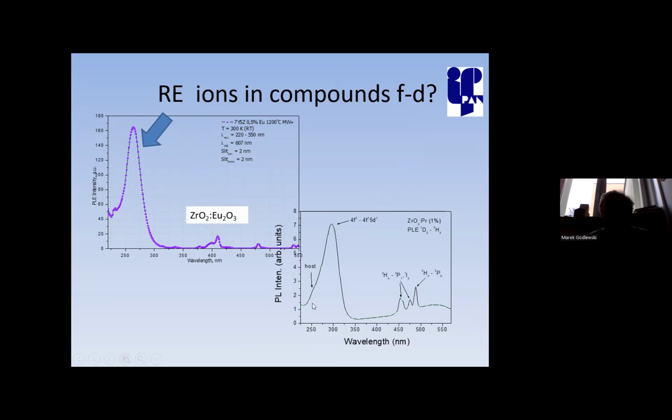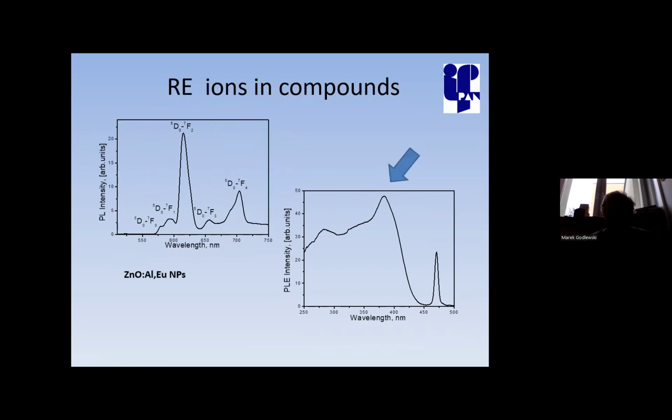But then we could see that something happens on this high-energy wing here, which looks more or less like host excitation. And that was discussed, what the origin can be. In addition to what I put in circles, excitation to higher terms related to f electrons, there is also something which looks like host excitation.